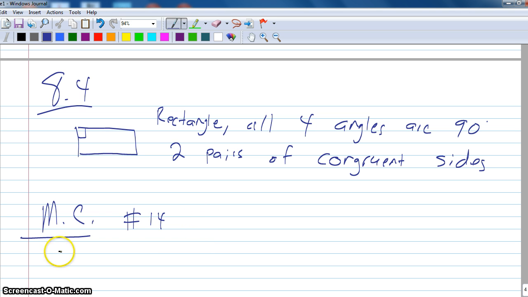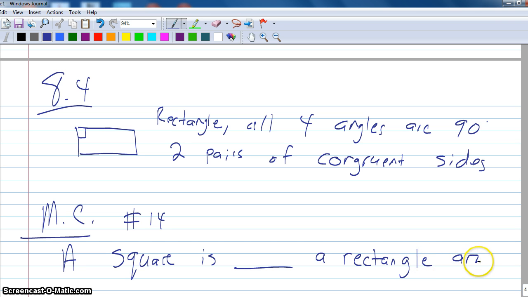And it asks, a square is blank a rectangle and a rhombus. And I put here a square is both, a square is neither, or a square is just one of those two shapes. It's in the notes. So here's a free question if you pay attention.